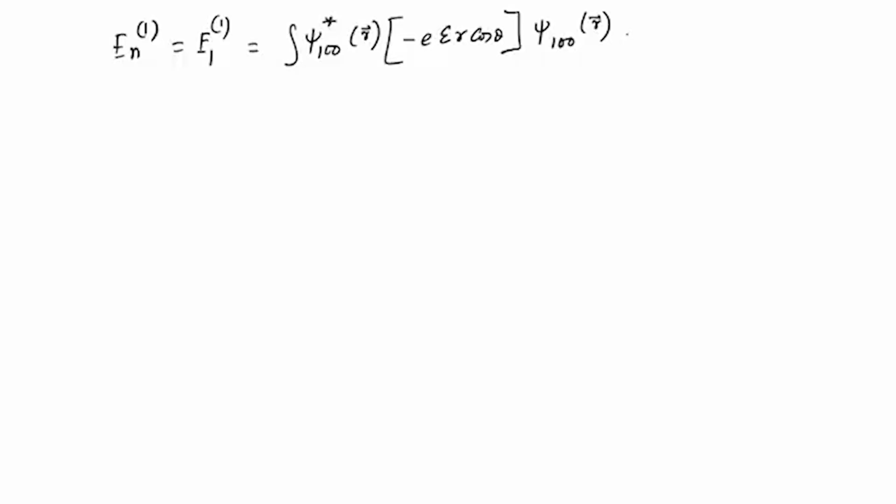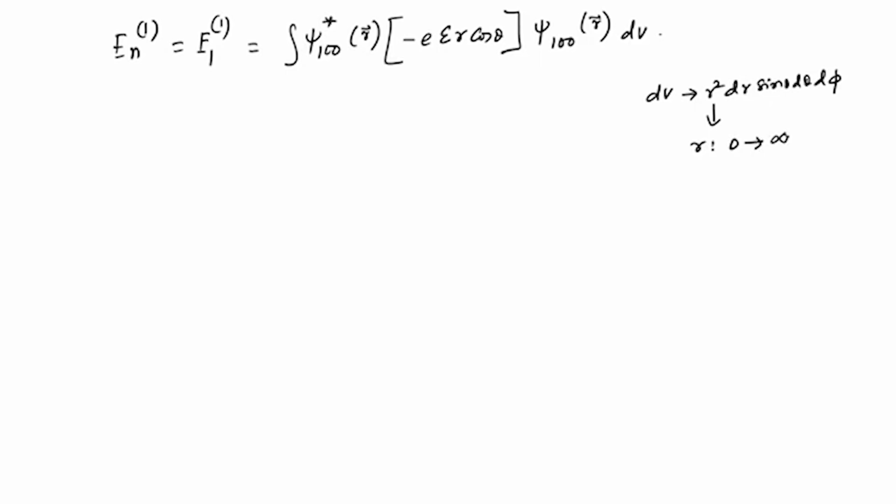So, you have to write a dV, so it has to be integrated over all volume, and dV is written as r squared dr sine theta d theta d phi. Okay. And this r goes from 0 to infinity.